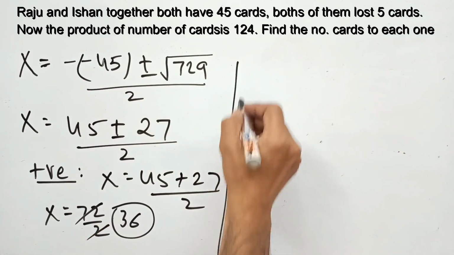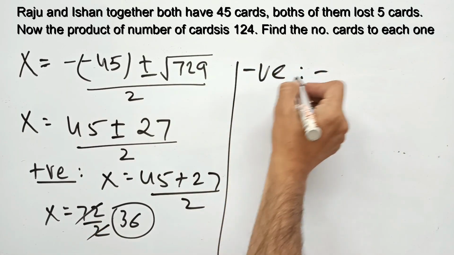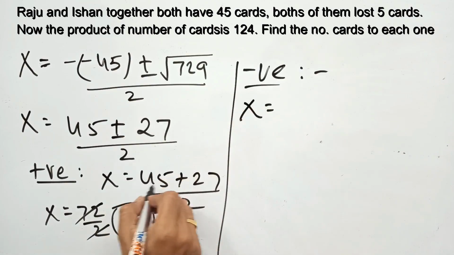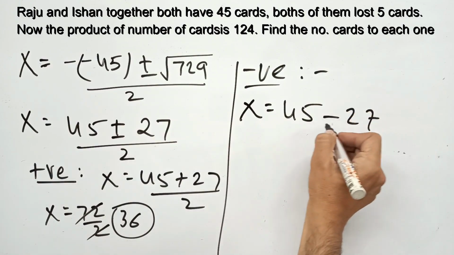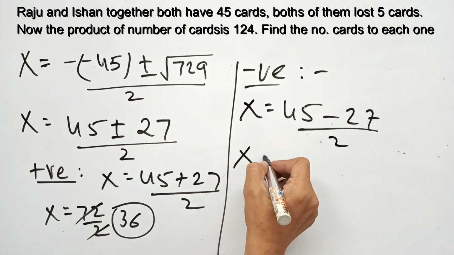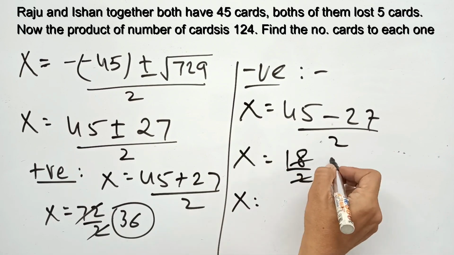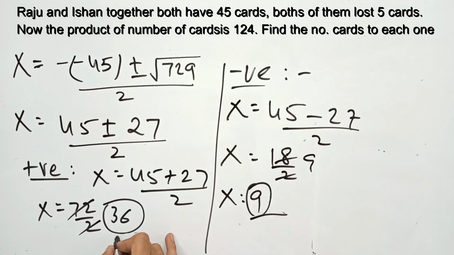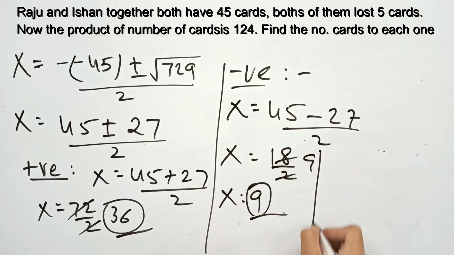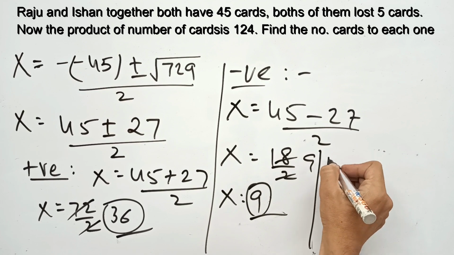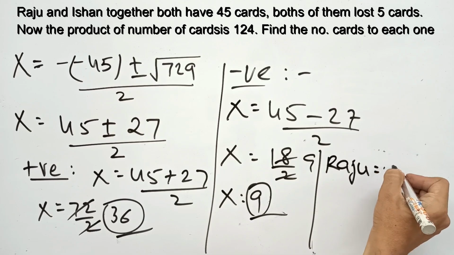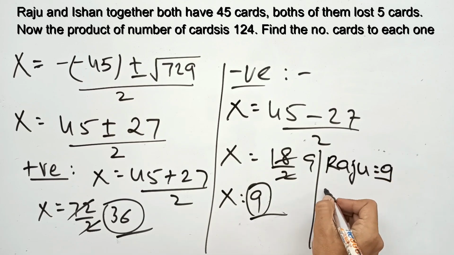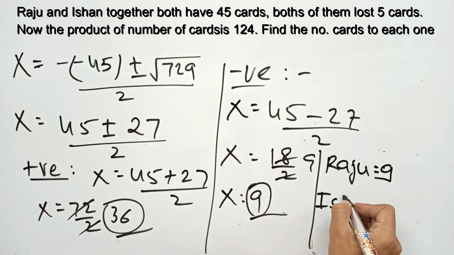Now taking negative, x is equal to 45 minus 27 upon 2, which is 9. You can see the total sum is 45, 9 plus 36. So if Raju has 9 cards, as we initially supposed x is 9, then Ishan will have 36 cards.